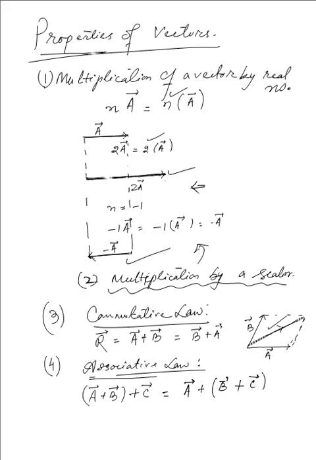This is all about the associative law, which states that B and C vectors will have a certain magnitude, right? And with that magnitude, with that vector that we get for B plus C, when that is added to A, that will give the same resultant for this entire thing in both cases, right? So it's the associative part of it.